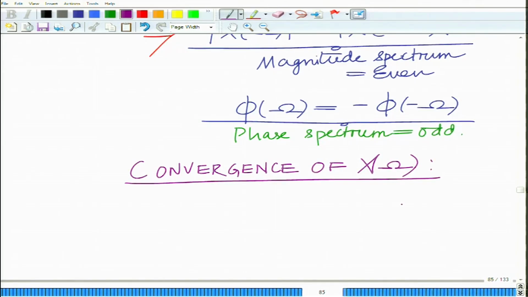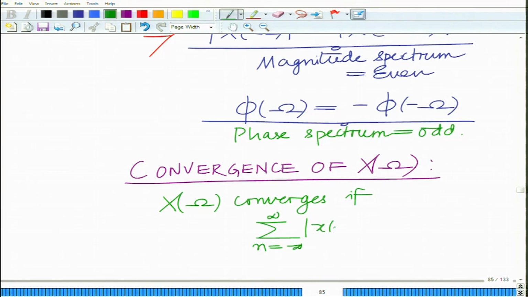Now, the condition for convergence: X of omega converges if, that is a sufficient condition, the summation from n equals minus infinity to infinity of magnitude x[n] is less than infinity, that is, this is a finite quantity.